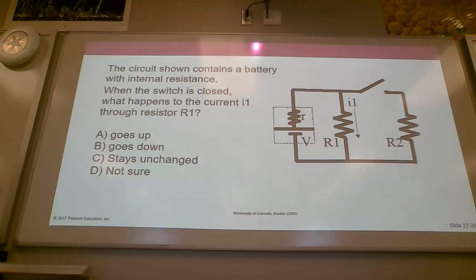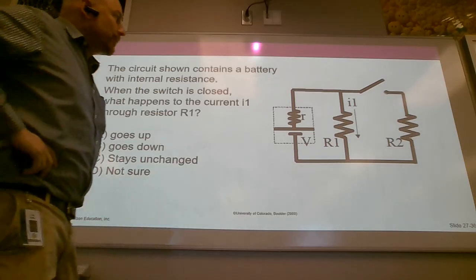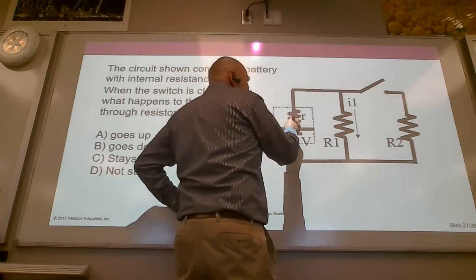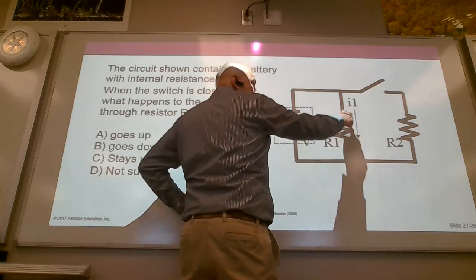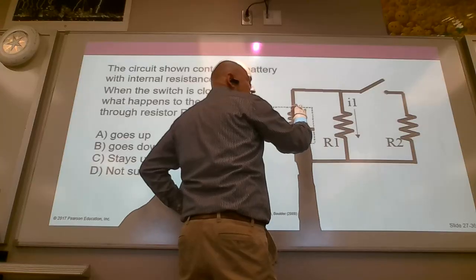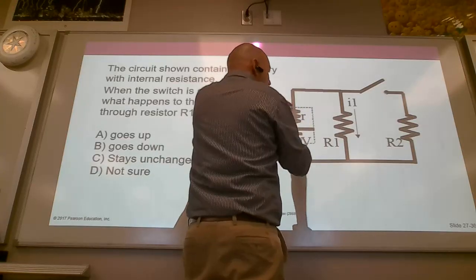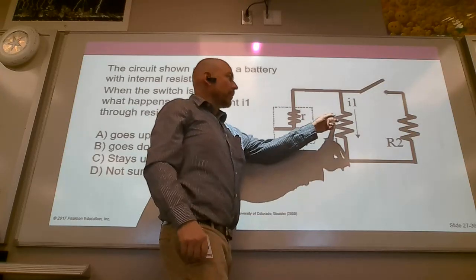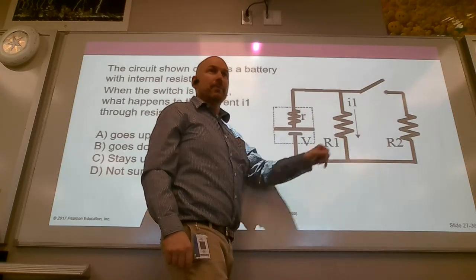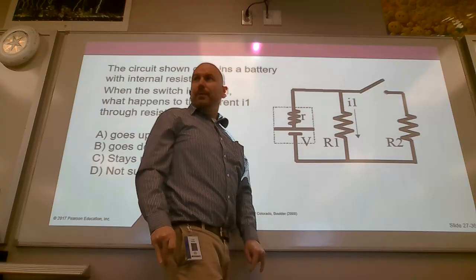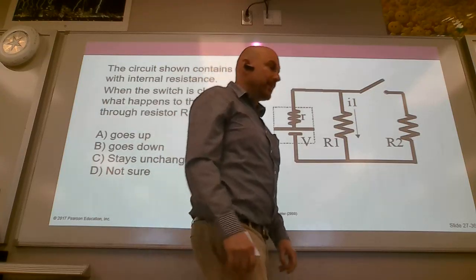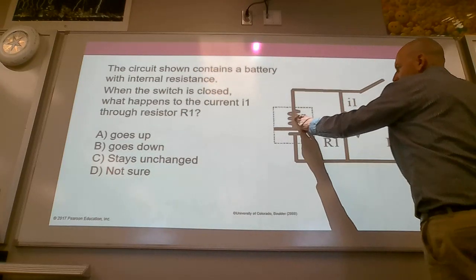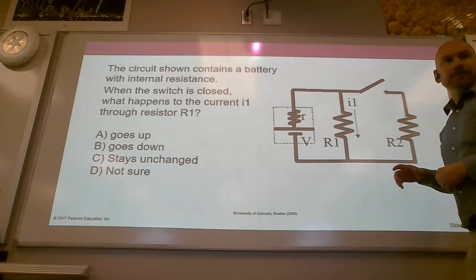Okay, when it's closed, the total, like this is now playing a part. So in this loop, there's less voltage available to this guy. So the current in this is going to go down. Does that make sense? This is in series with this.